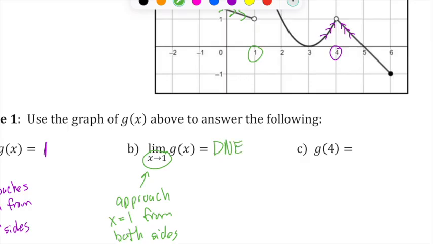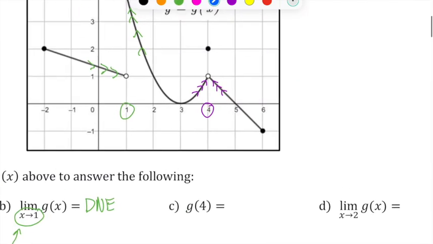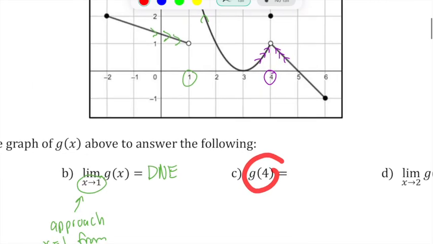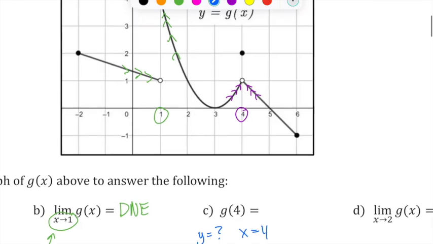D and E. Next, a lot of students will say, oh, we're doing limits here. No, there's no limit. This is just asking you, what's the y value at x equals 4? That's what it's asking. What's the value at x equals 4?